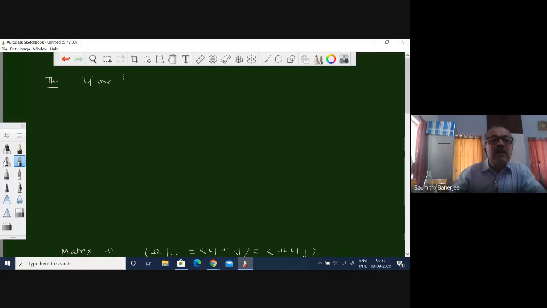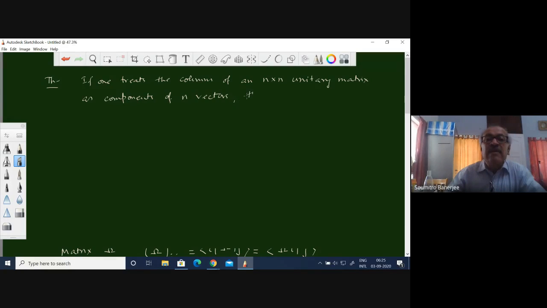If one treats the columns of an n cross n unitary matrix as components of a vector, of n vectors, these vectors are orthonormal.